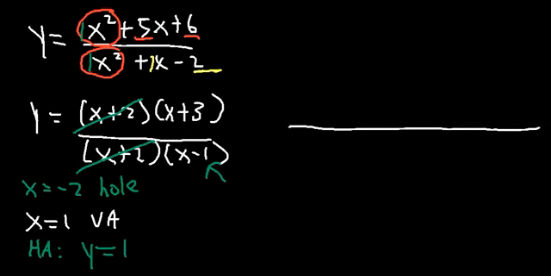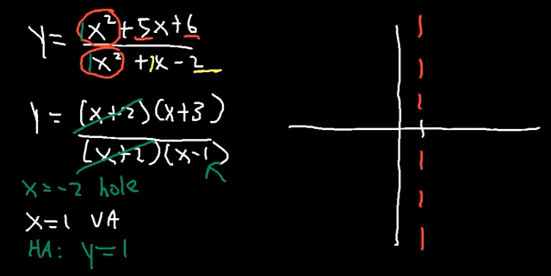So now let's graph it. So first let's plot the vertical asymptote at 1. Next let's plot the horizontal asymptote at 1.